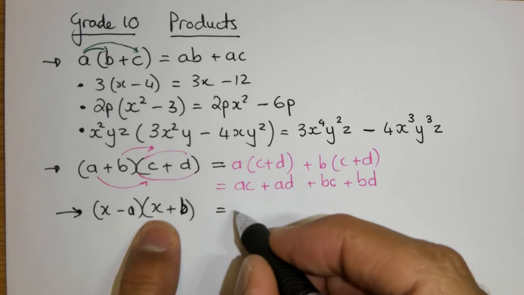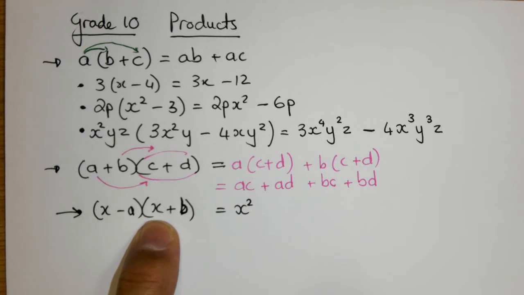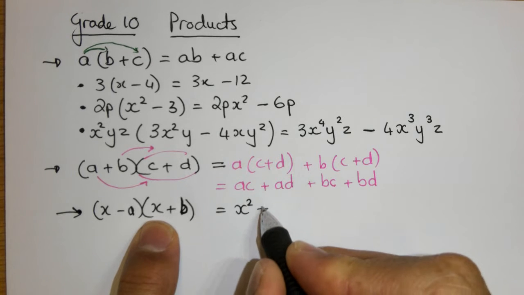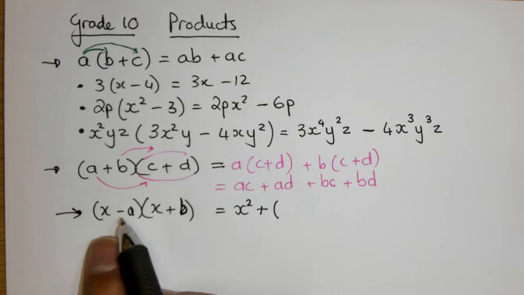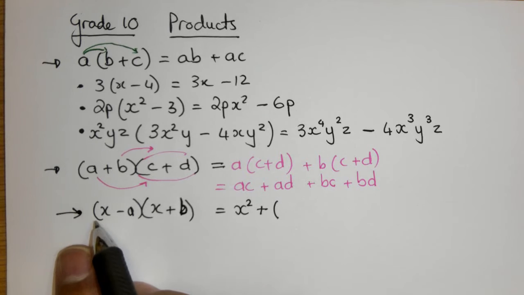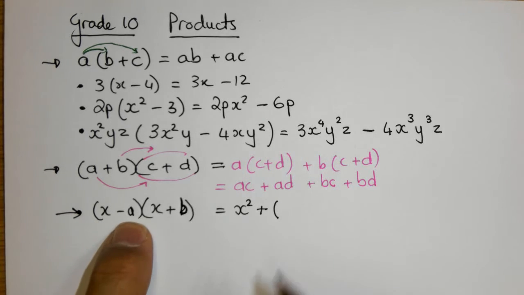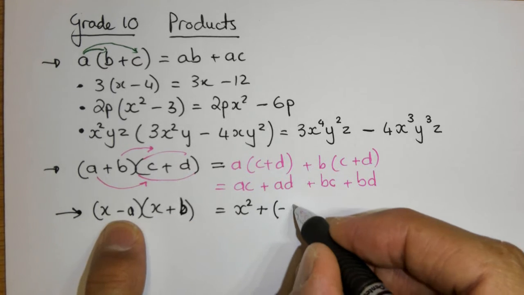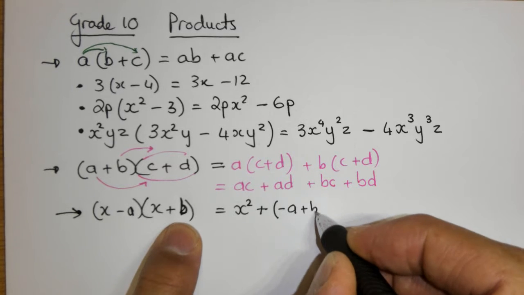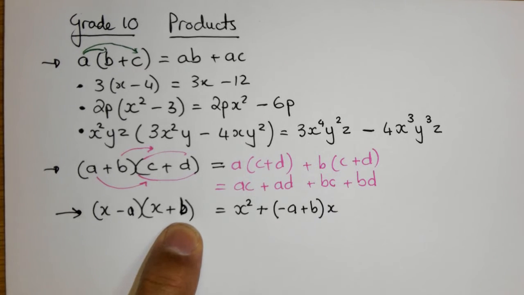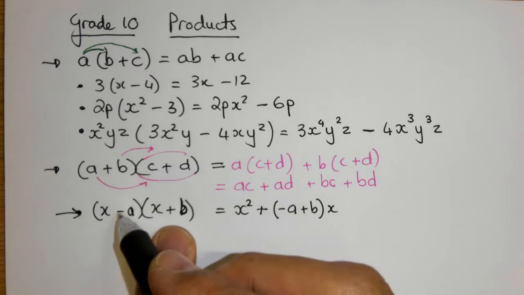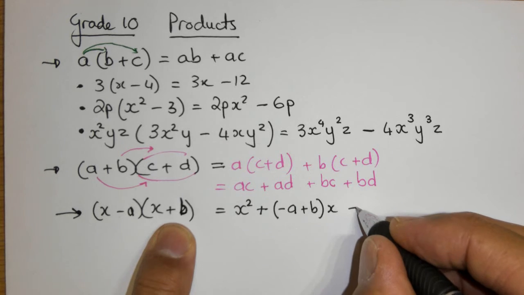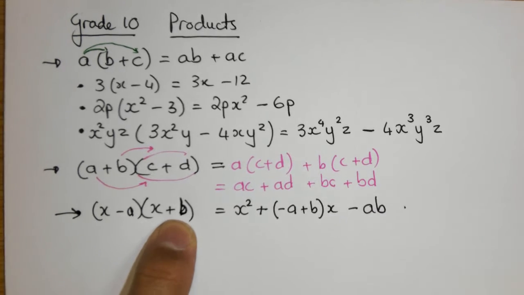First multiplies with the first gives me x squared. Your middle term will be plus. Now remember, it is this product and that product together. So you can say it is minus a plus b x, and then a minus times a positive is a negative ab.